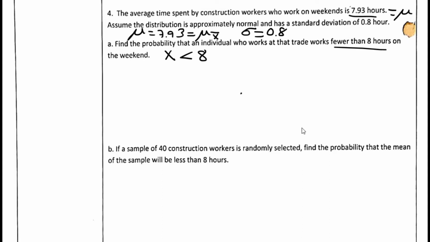So we're going to calculate the normal. In this case, we have the regular normal distribution. We don't have the skinny one at all. So we have 7.93, and we are spread out by 0.8. 1, 2, 3. 1, 2, 3.